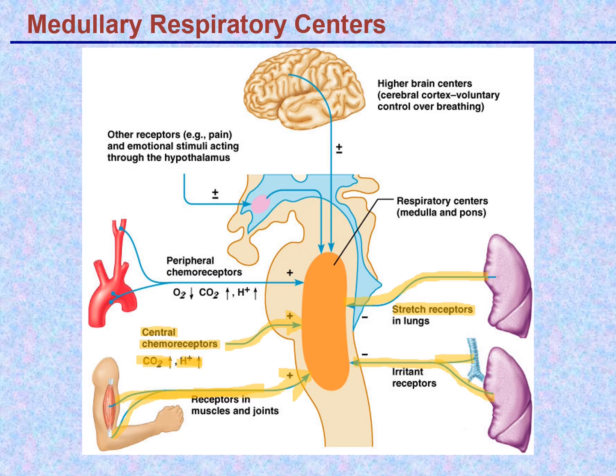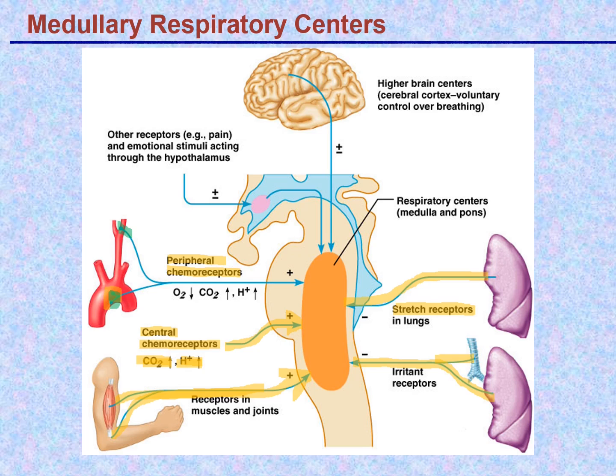You also have, outside of the brain, the peripheral chemoreceptors, and these you've learned about before. They include the aortic bodies here in the aorta, and also the carotid bodies in your left and right carotid arteries. They're showing one here.